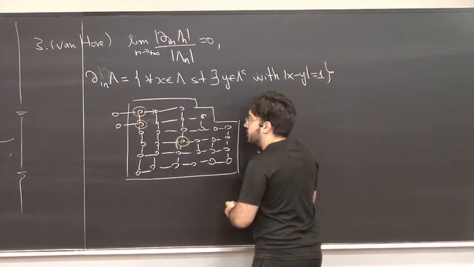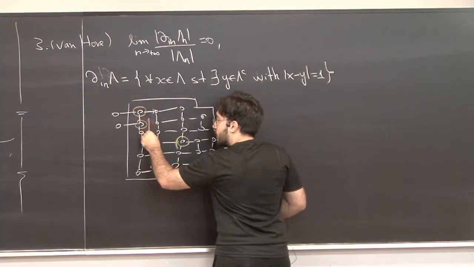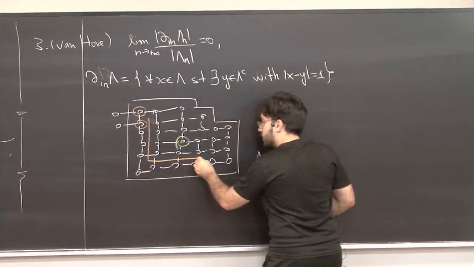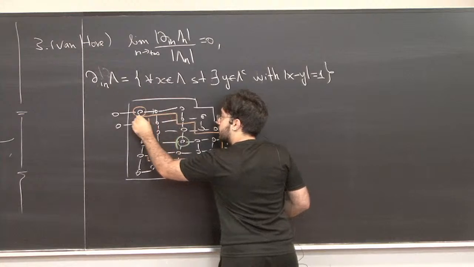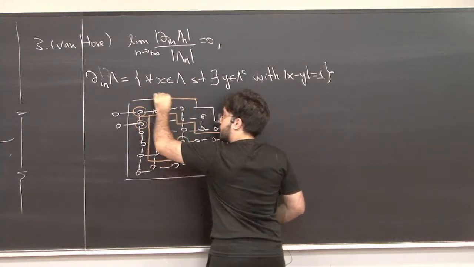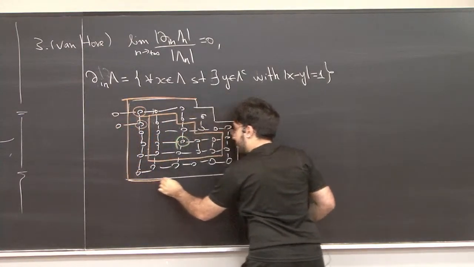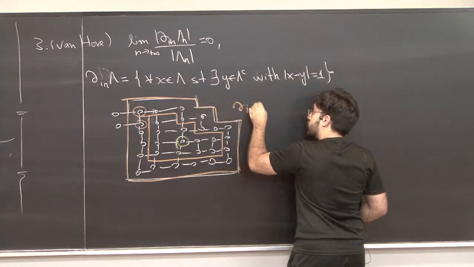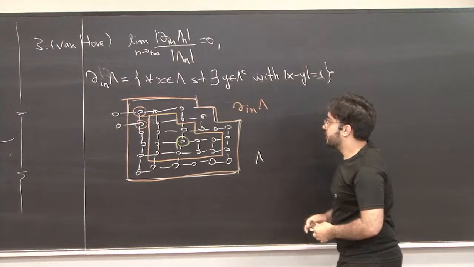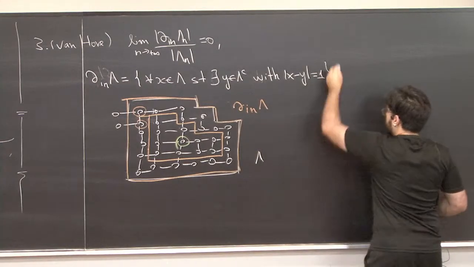So what is the boundary set in this case? It consists of all these points right here. So this is the boundary of a finite set.